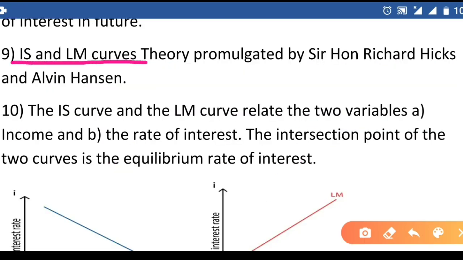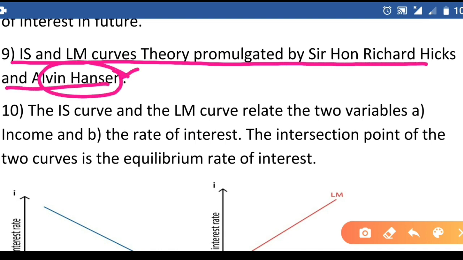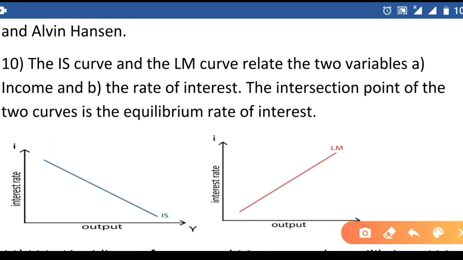The IS and LM curves theory was promulgated by Sir Richard Hicks and Alvin Hansen.